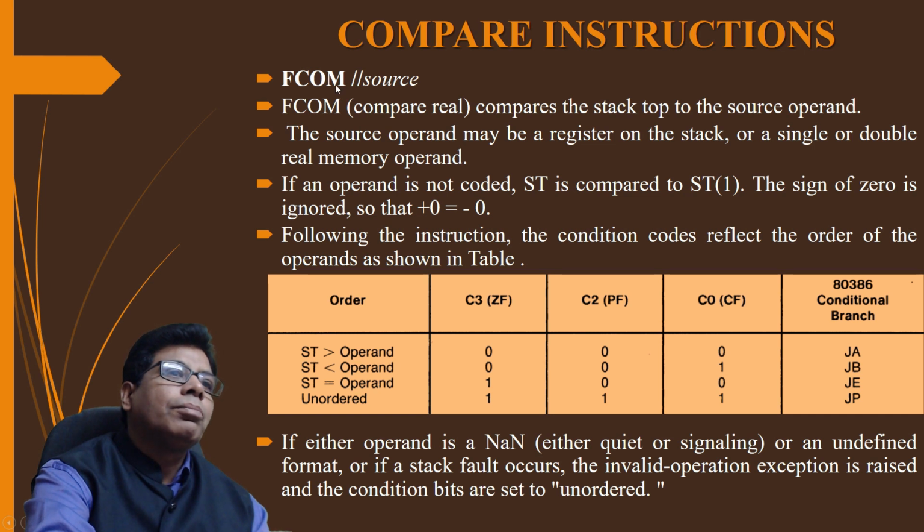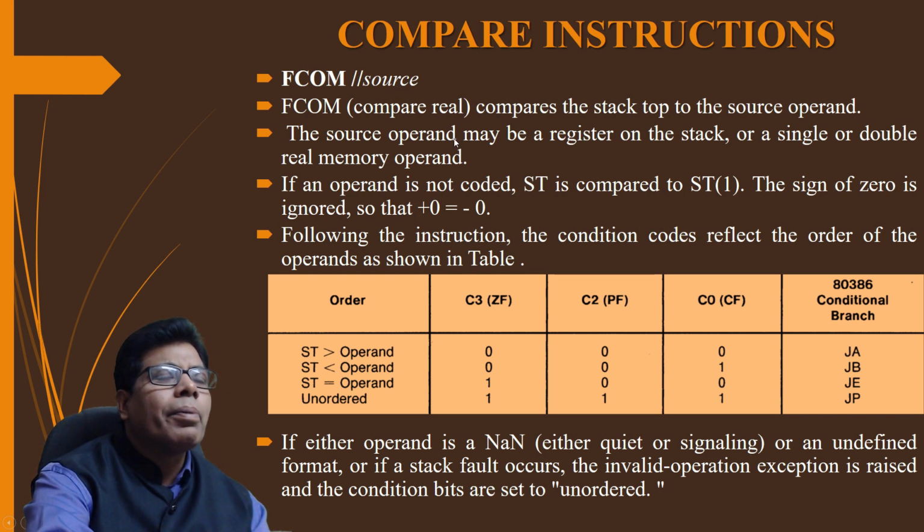First is FCOM, or compare real. Here there is no other alphabet, so it is for floating point or real numbers. Compare the stack top to the source operand. So here we'll have to give the source.